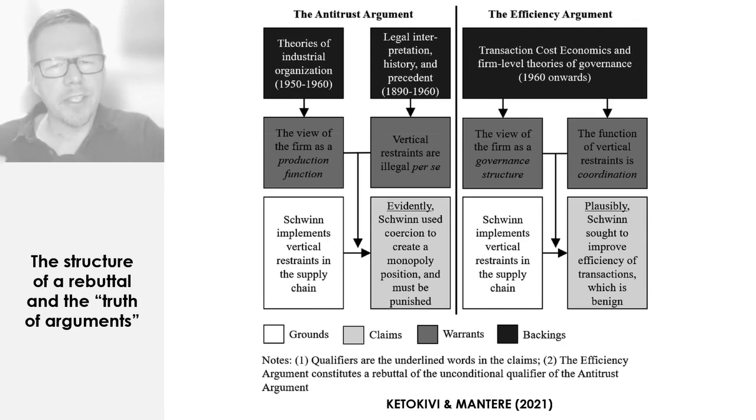So this is essentially two different tables, if you will, discussing the same evidence, the same facts, and coming to different conclusions. This is a nice example, I think, of how both the original argument and the rebuttal have to be held to the same standard.